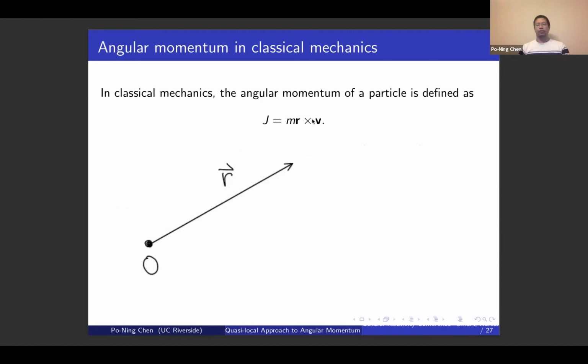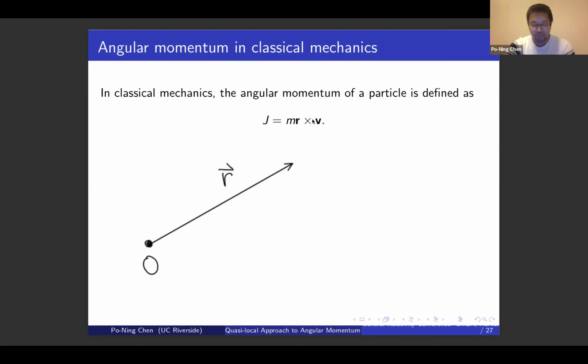So firstly, a very quick review of angular momentum in classical mechanics. You have some particle moving with some position r, mass m and velocity v. The angular momentum measured relative to some reference point is m times r cross v.